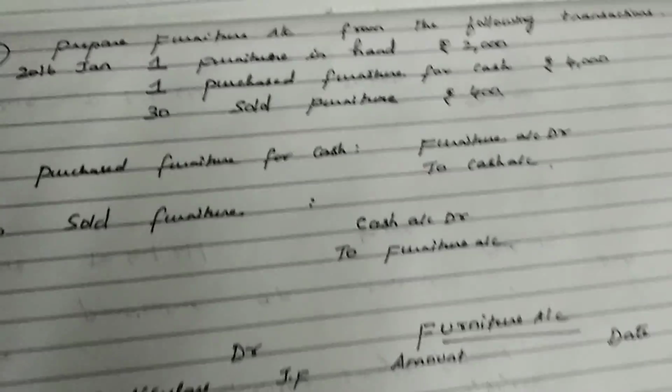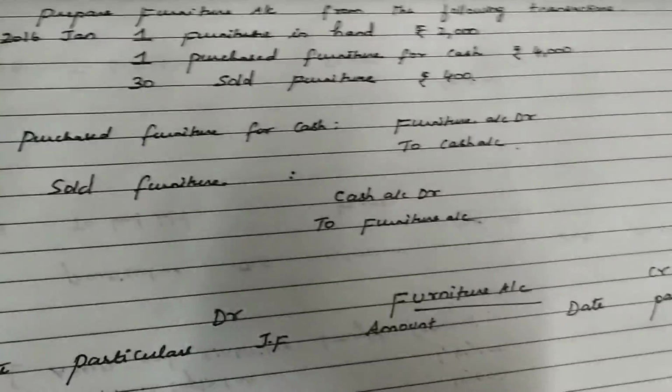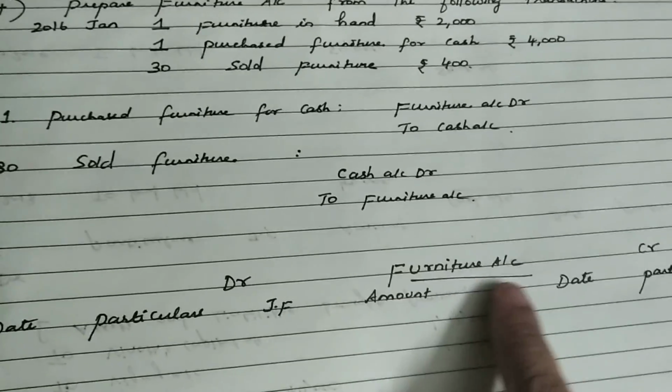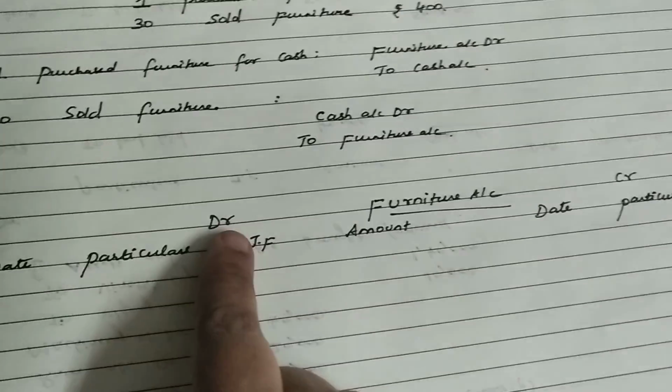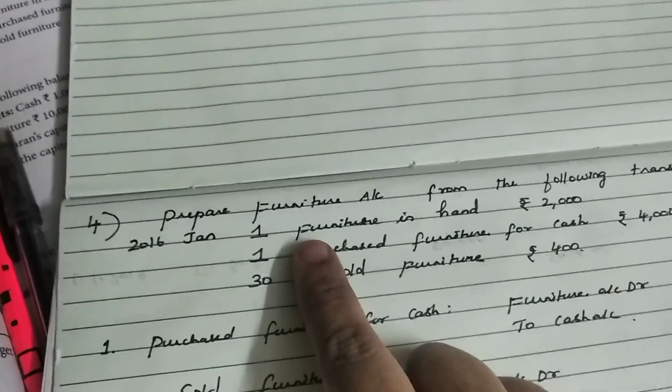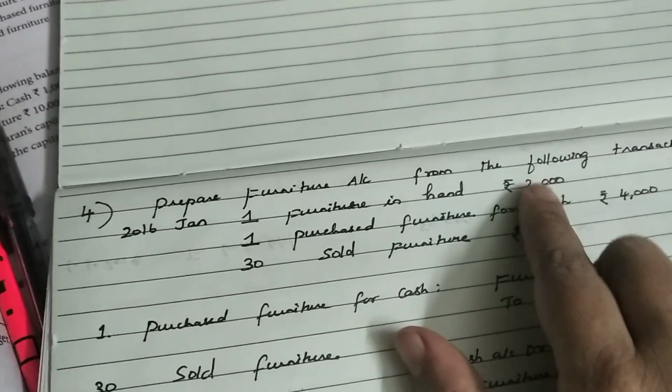Now, before moving on to the ledger, they've asked us to prepare furniture account. So you are opening only furniture account. See, on the debit side, date, particulars, JF, amount. On the credit side, date, particulars, JF, amount. As I told you, first, furniture in hand 2000.